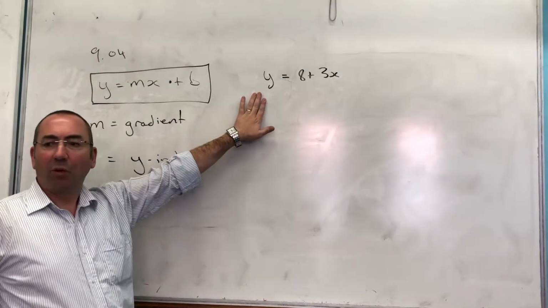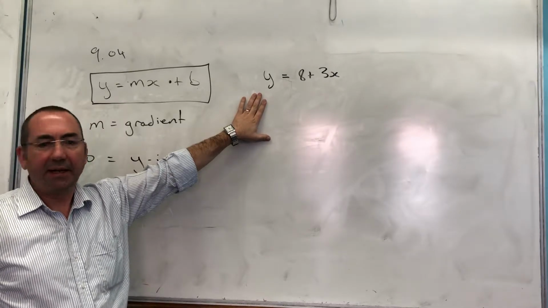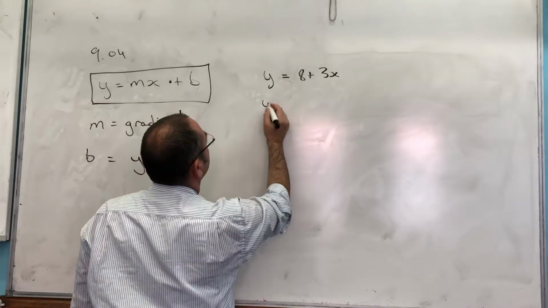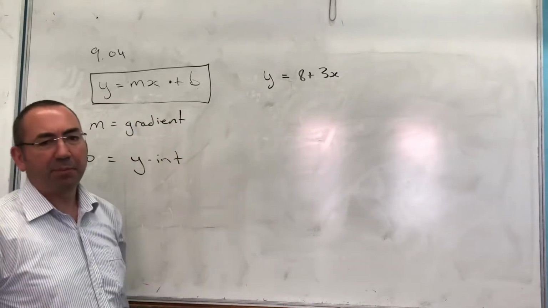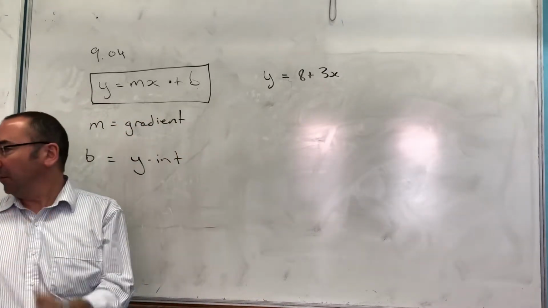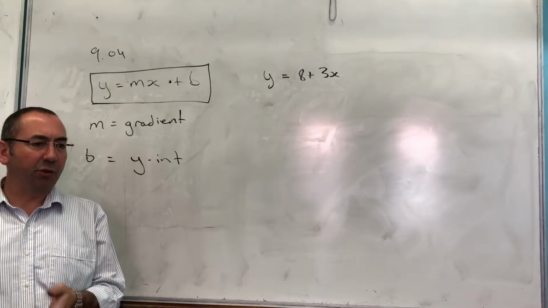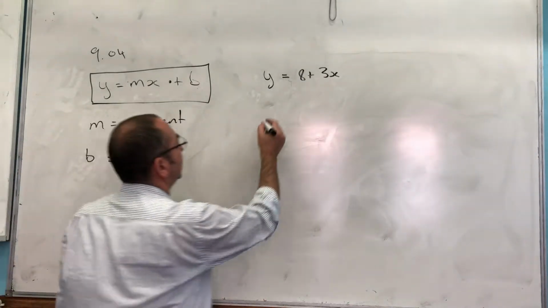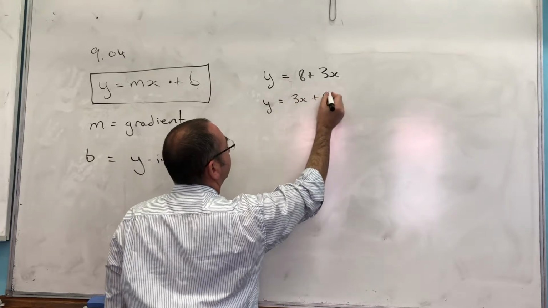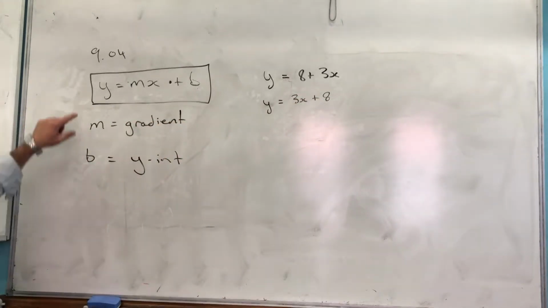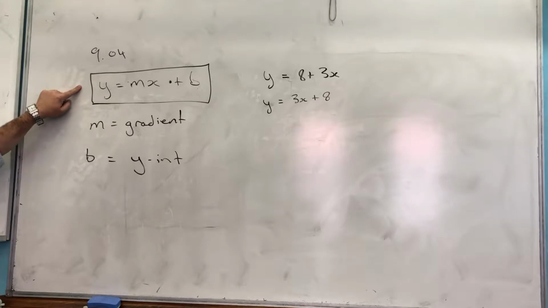Already we've got y on the left-hand side, that's pretty handy. But we've got 8 plus 3x, not 3x plus something. Now, with addition, it doesn't matter which order you add things. So this is pretty easily rearranged to y equals 3x plus 8. And now you can see it's in that general form.